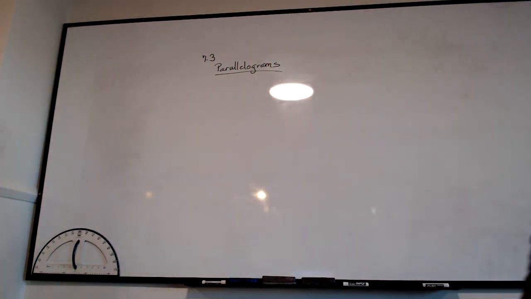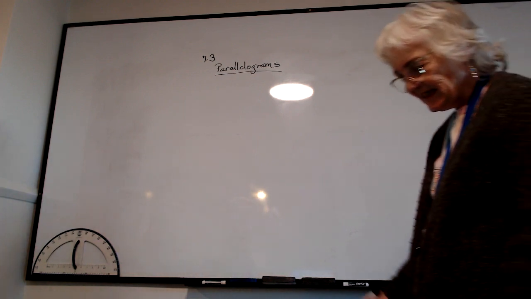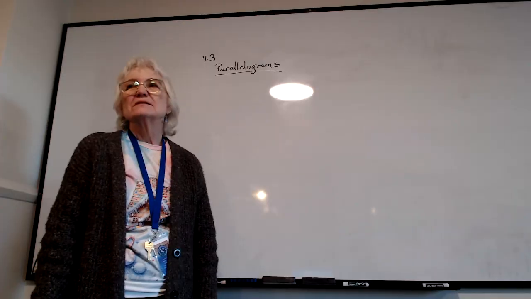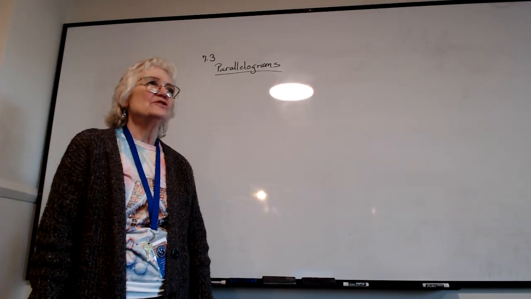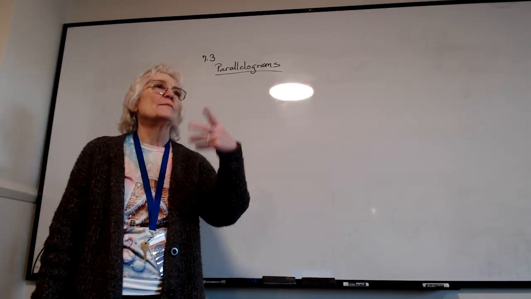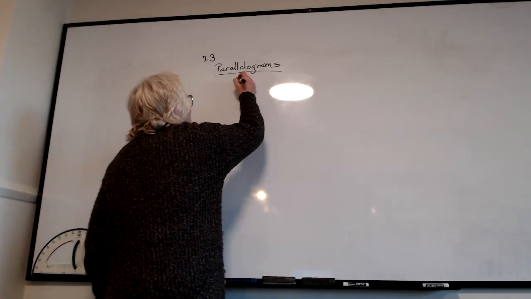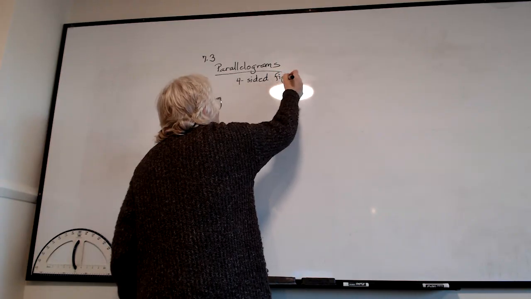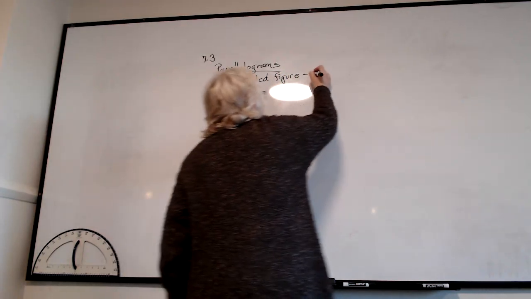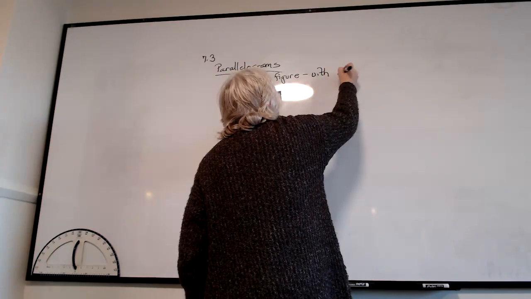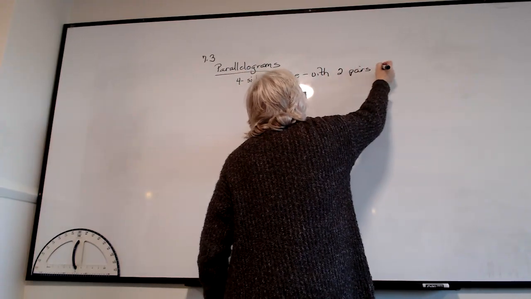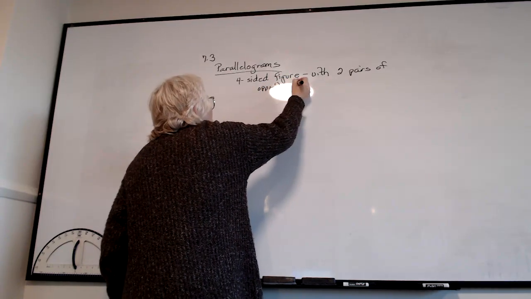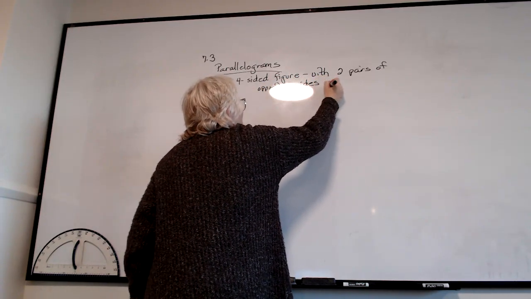It's a four-sided polygon where the opposite sides are parallel to each other. So it's a four-sided figure with two pairs of opposite sides parallel.